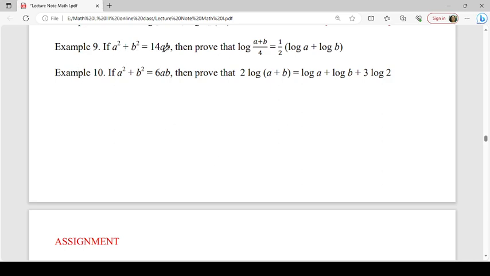a square plus b square is equal to 14ab. We can write it as a square plus b square plus twice ab, twice ab is equal to 16ab, which is a plus b whole square.